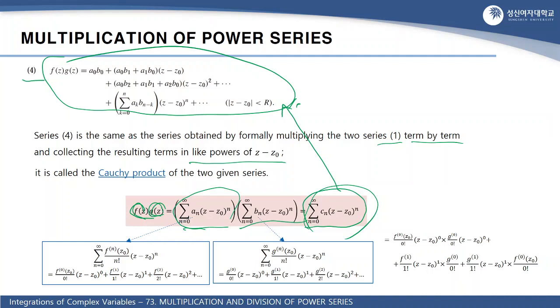But we can actually compute this by just computing term by term for the first series and the second series, and then collecting the resulting terms in the same powers of x minus x naught.